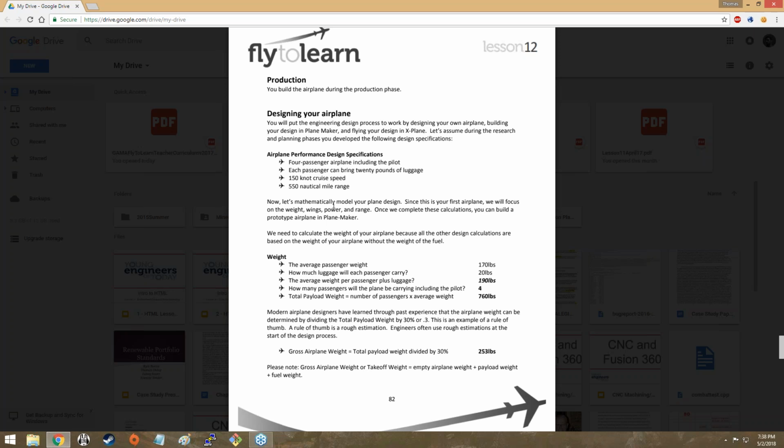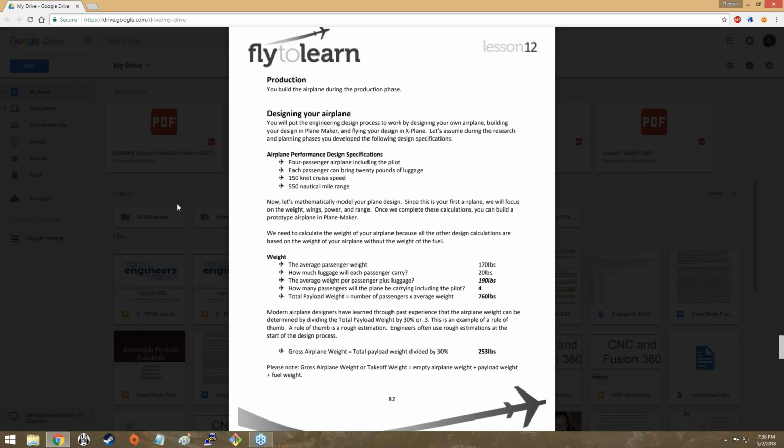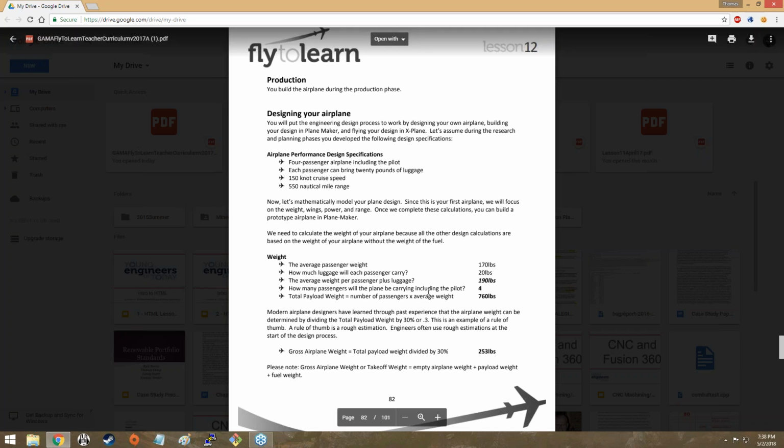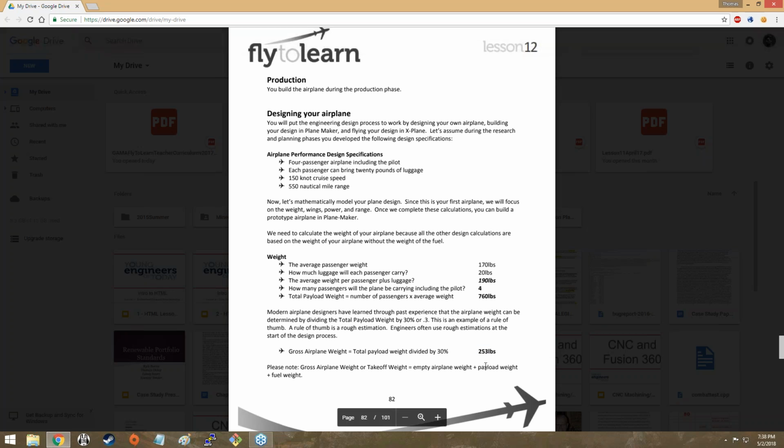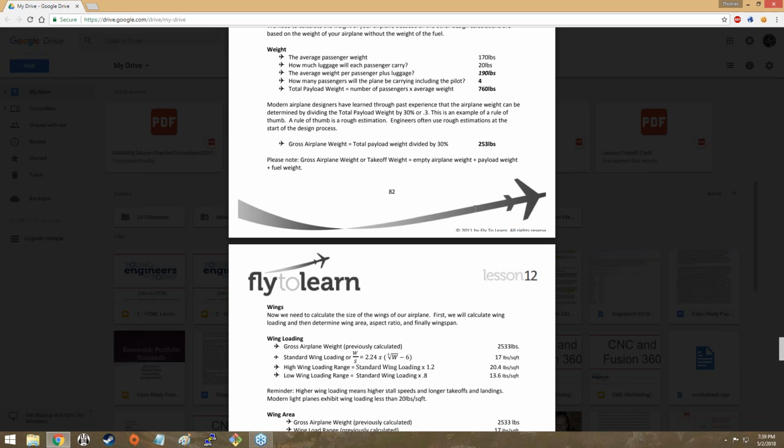And then from there, you can figure out the gross airplane weight, which is the total payload weight divided by 0.3. That's off by a power of 10, but basically multiply it by a little bit more than 3, and you'll get your gross airplane weight, which is empty airplane weight plus payload weight plus fuel weight.